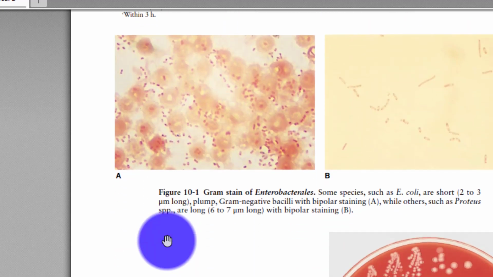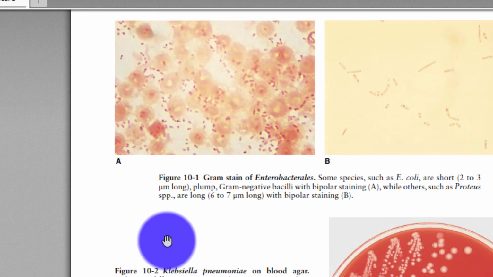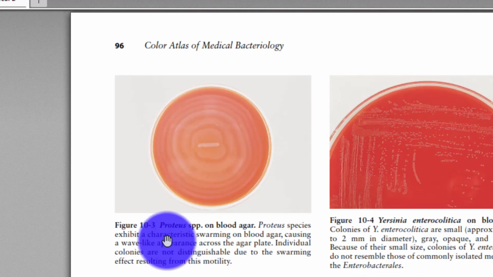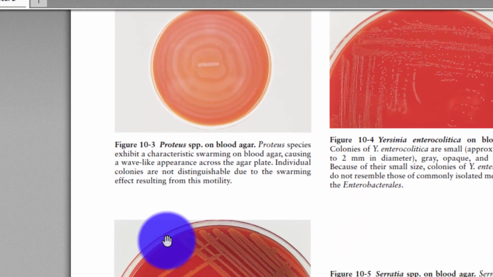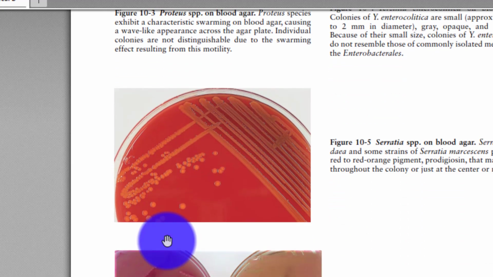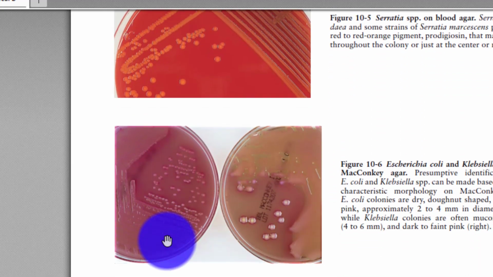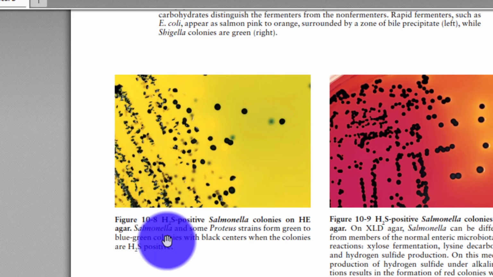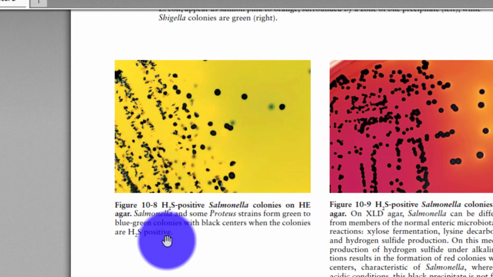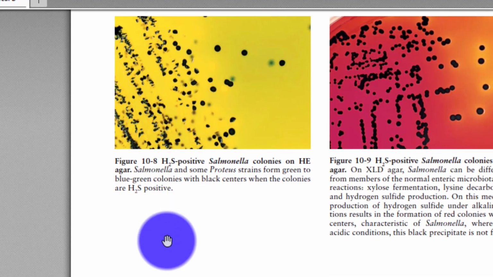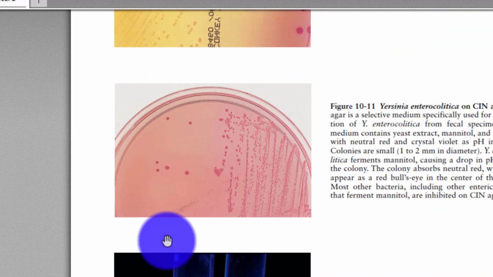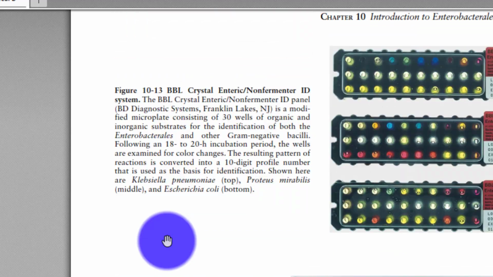Gram stain of Enterobacteriaceae: Klebsiella pneumoniae on blood agar, Proteus species, Yersinia enterocolitica, Serratia species, Escherichia coli, Klebsiella, Escherichia coli and Shigella. Salmonella colonies, positive Salmonella colonies, Escherichia coli, Yersinia enterocolitica, biochemical test.